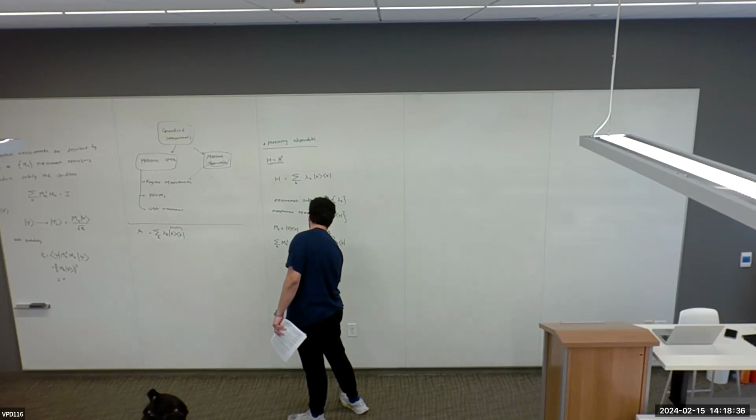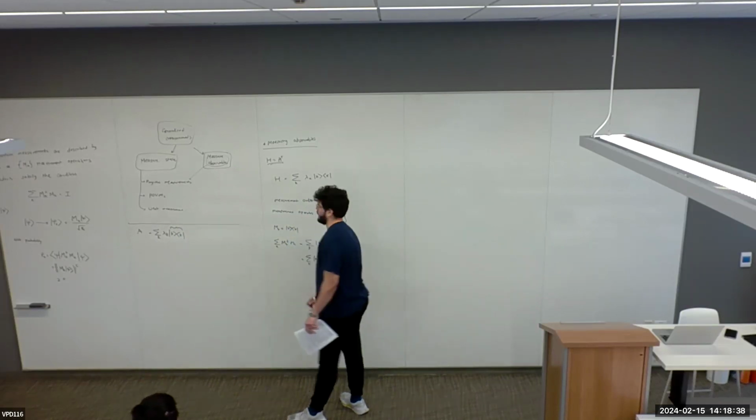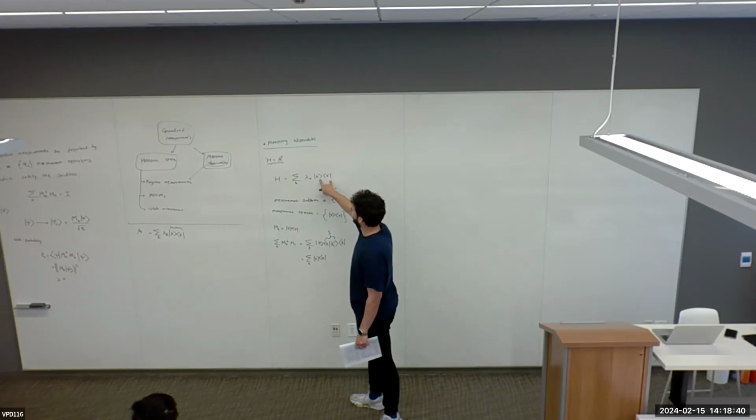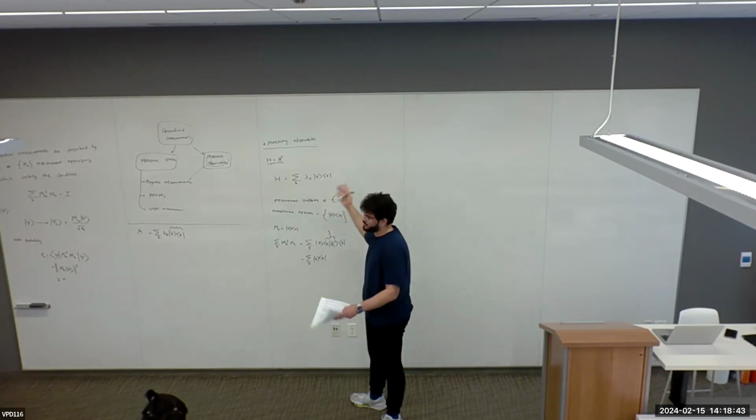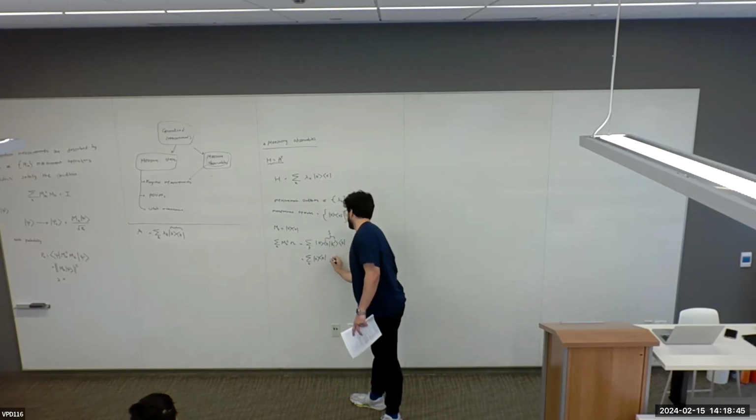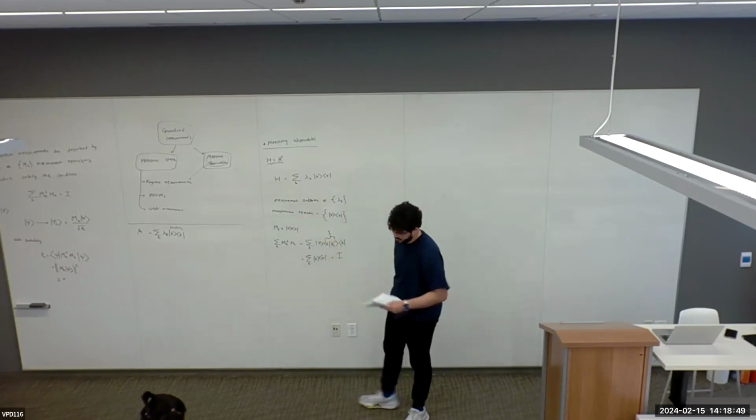Since they are orthonormal and form a complete basis, this will be the identity. So they do satisfy the initial condition.